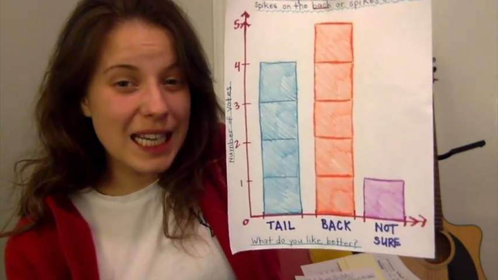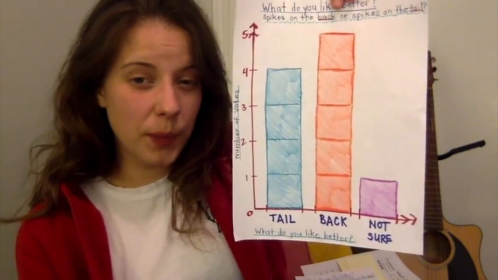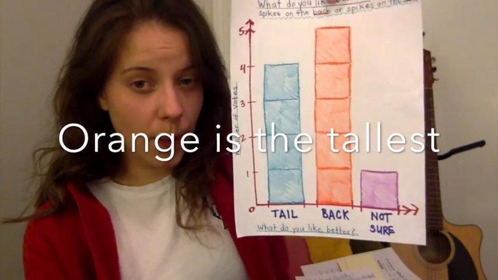It's really easy for me to see that orange is the most popular. Spikes on the back was the most popular.